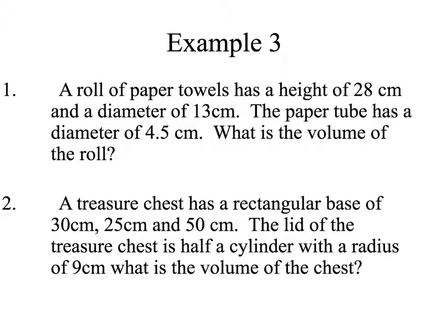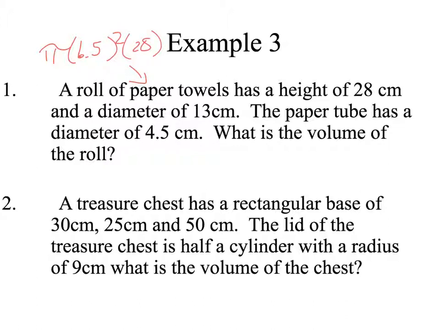So in this first problem, we're actually looking at two cylinders, so you need to find the volume of each one first. So the actual paper towels is going to be pi times 6.5 squared times 28.